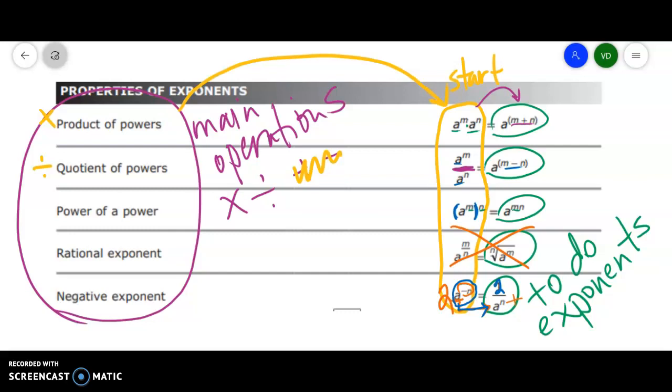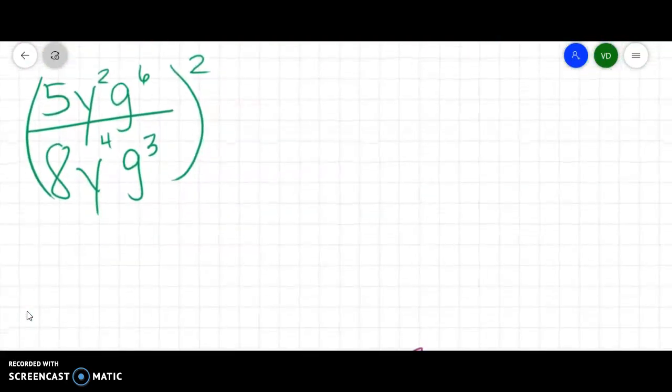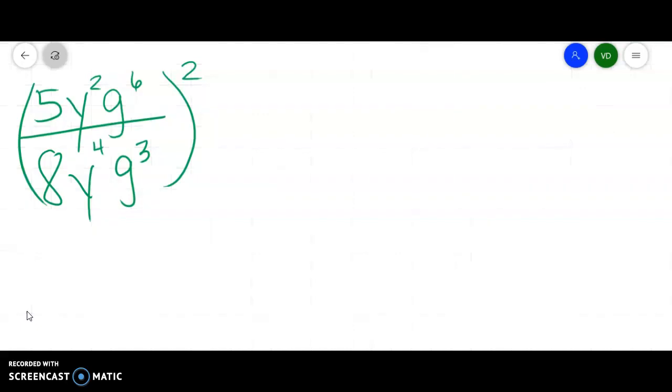Okay, that's just a little explaining on the laws of exponents, because I feel like some of us were still struggling. I'm gonna do two quick examples with you, and they're problems that are a little more difficult than what we've been seeing. We did have one of these on our assignment.